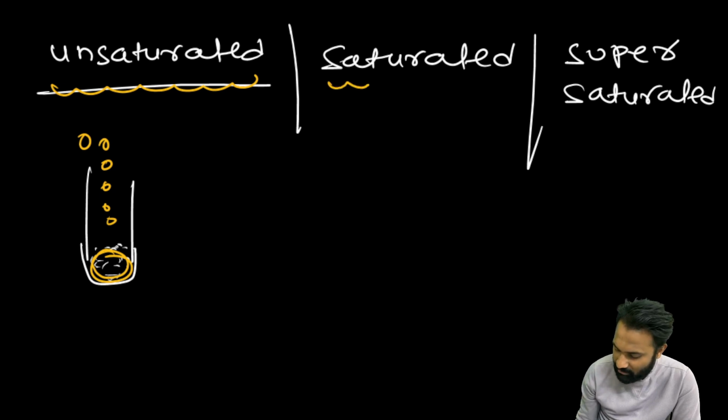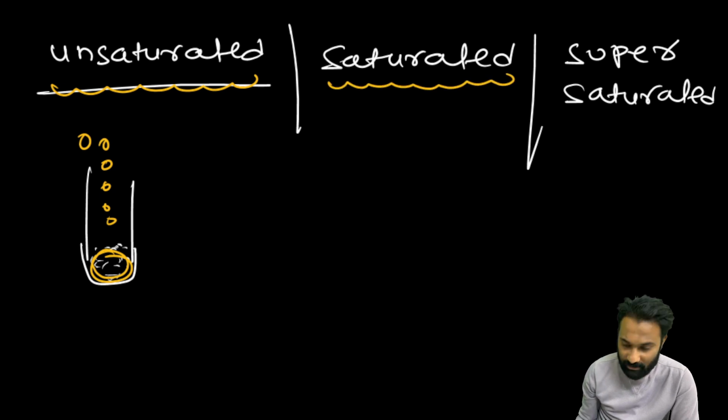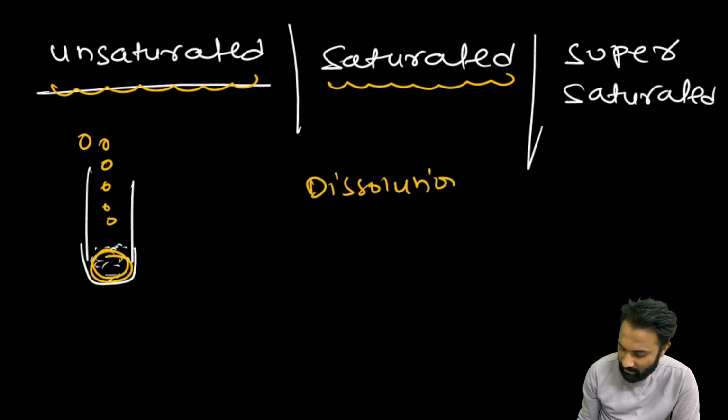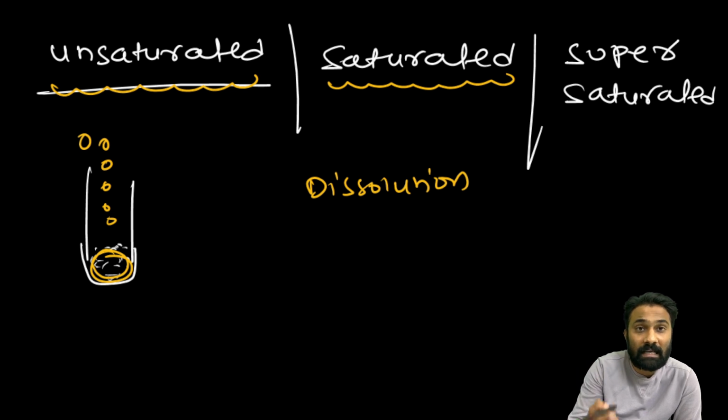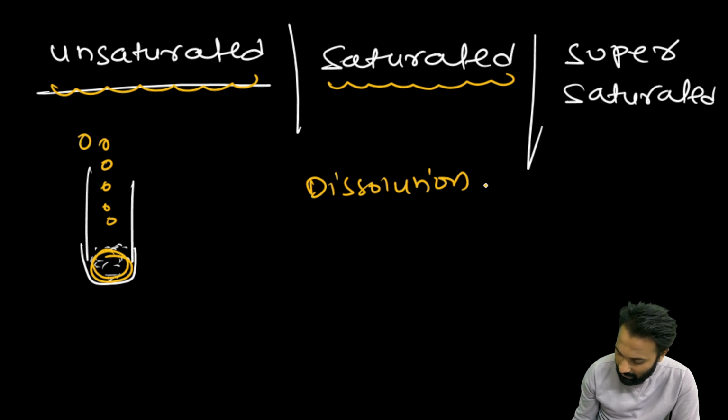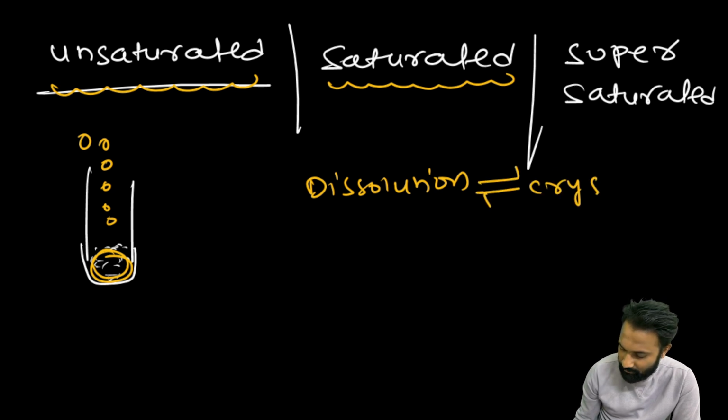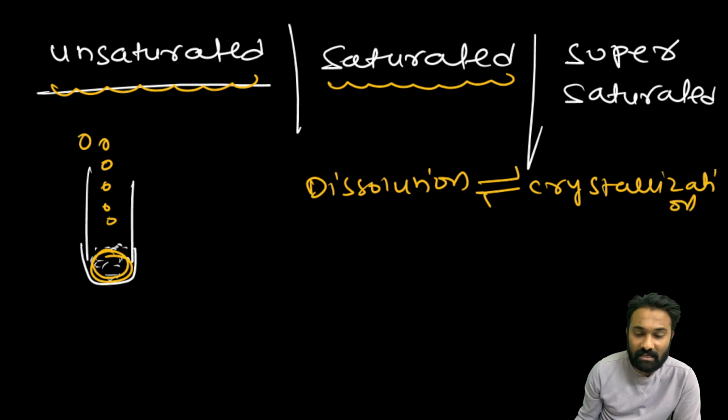Coming to the saturated solution, what is the meaning of a saturated solution? I already explained. In a saturated solution, dissolution, meaning the salt is completely converting into the solution, is in equilibrium with crystallization. What is the meaning of crystallization?